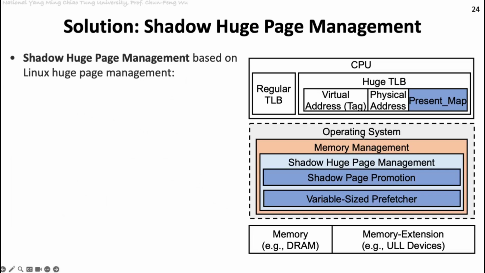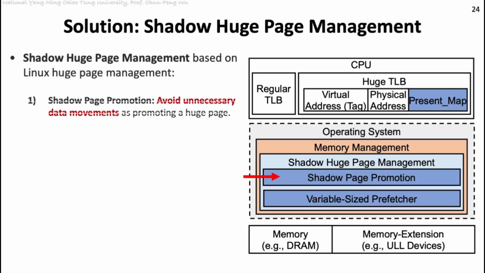Okay, so in this work, we modified the huge page design inside Linux. Last time we talked about huge page design. It means you need to move 2 megabyte or 1 gigabyte of data contiguously together from the storage to the memory. So we have several designs here. First is shadow page promotion, which avoids unnecessary data movement when promoting a huge page.